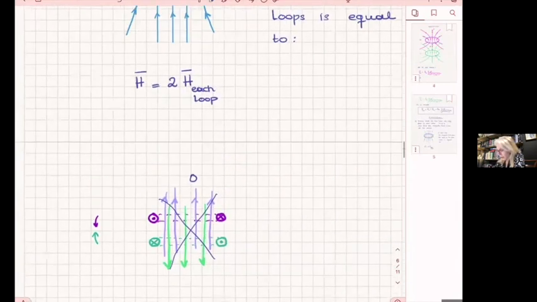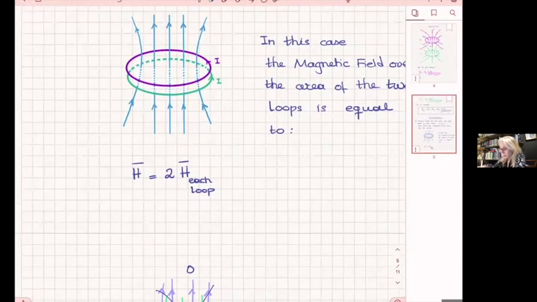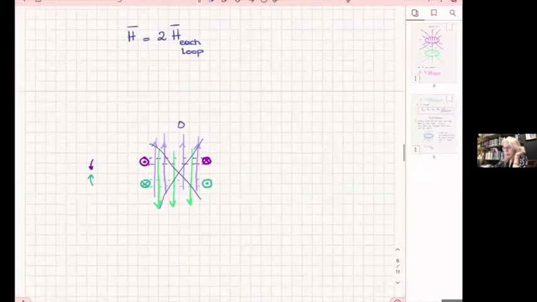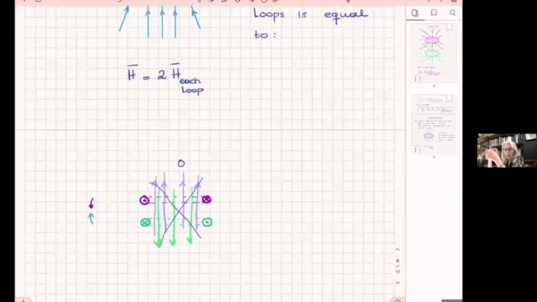And so if you were to have two loops with different directions in the current, then inside the two loops you will have 0 field. One loop will cancel the other. And that's why we only bring opposite currents next to each other if we want to cancel the fields.